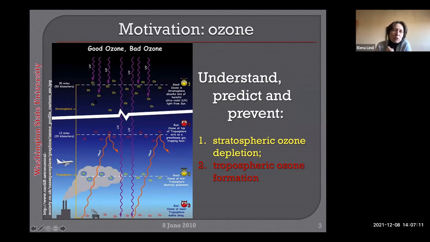When I talk about the stratosphere, I'm talking about above 12 kilometers, and the troposphere is from the surface up. Ozone is one of those good and bad guys. If it's in the right place, it's good. If it's in the wrong place, it's a strong oxidant, and it's responsible for agricultural damage, in the billions of dollars annually, if it's at the surface level.